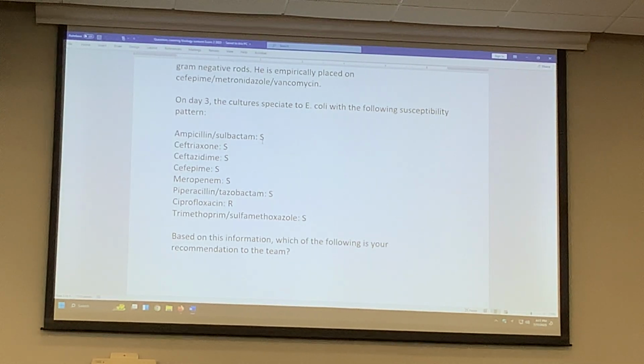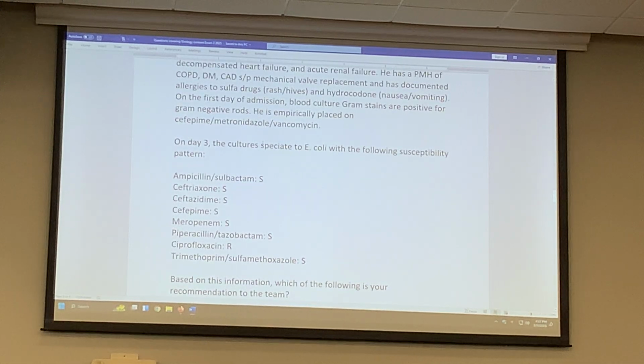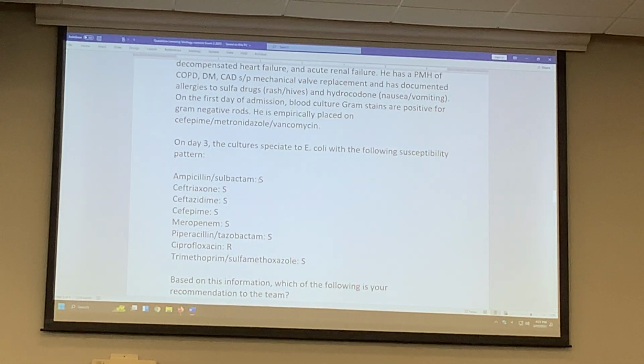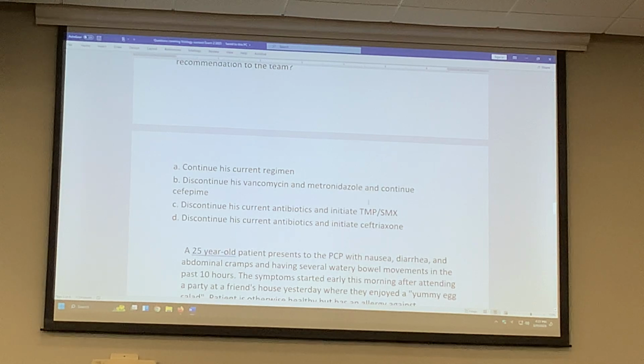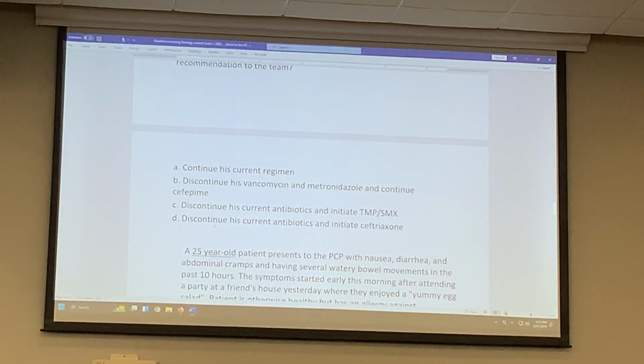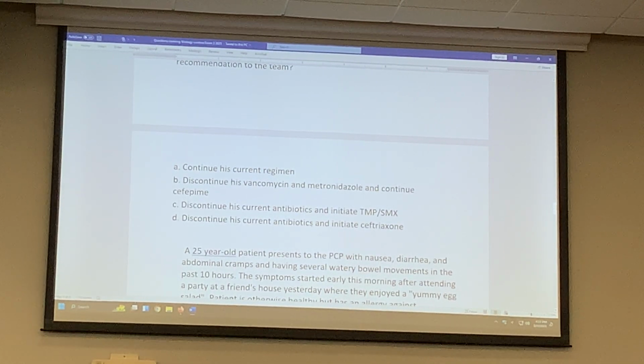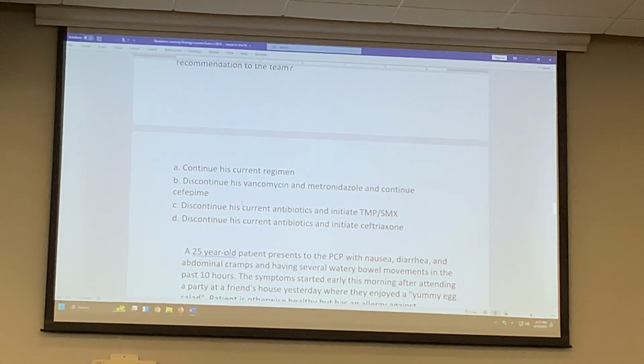No, there's no sulfur in there, no. So again, this patient, you could argue ampicillin sulbactam is an option, yes, we could do that, but that's not part of the question. So really the only answer here would be D, to discontinue all the current antibiotics and initiate ceftriaxone, right? Ampicillin sulbactam would have been an option, but it's not in the answer key.